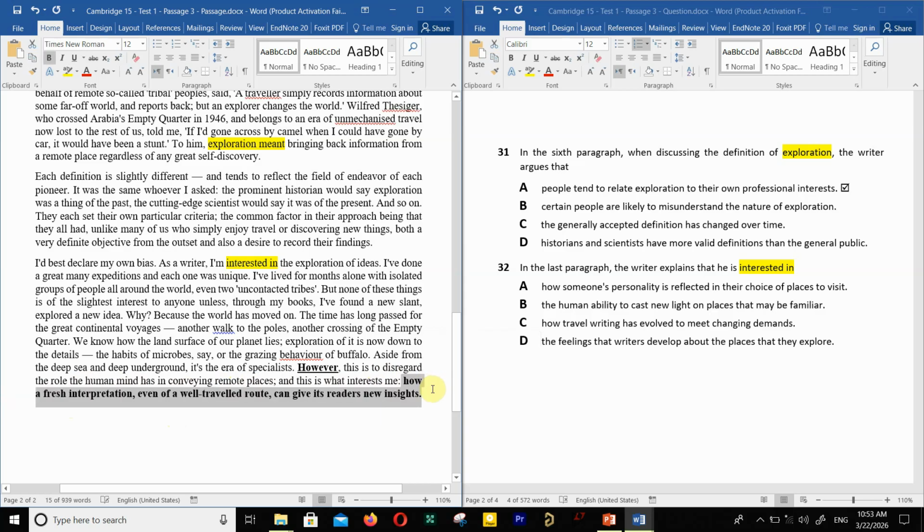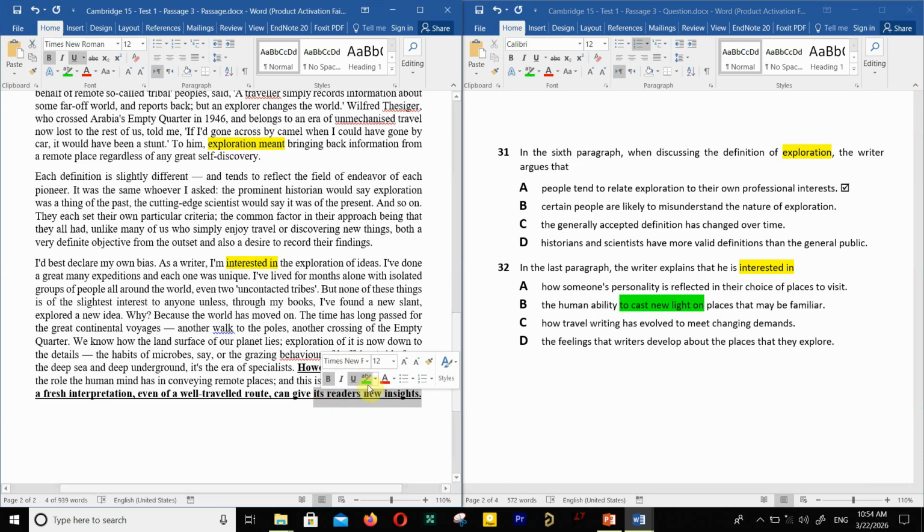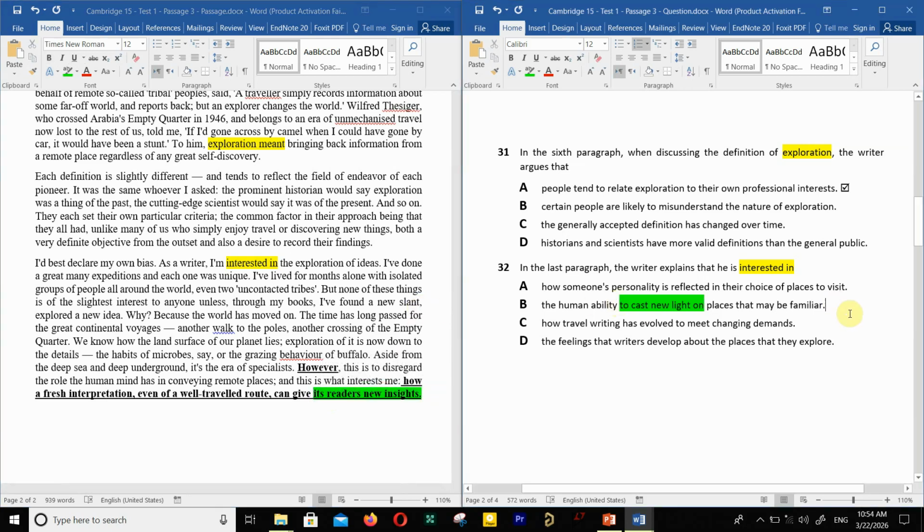You see, this is the answer. How a fresh interpretation, even of a well-traveled route. This means that travel to a place that is really familiar can give its readers new insights. New insight, cast new light on. These are the paraphrase.